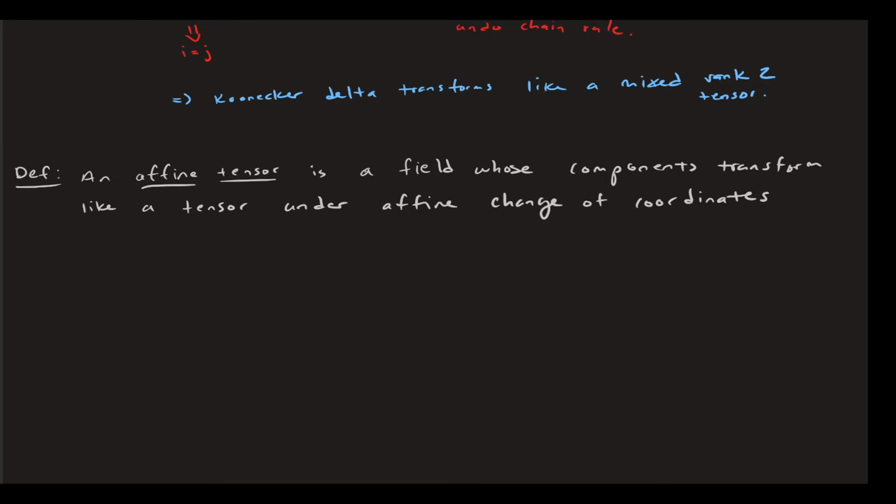But maybe not any change of coordinates, just an affine change of coordinates. Then we call it an affine tensor.